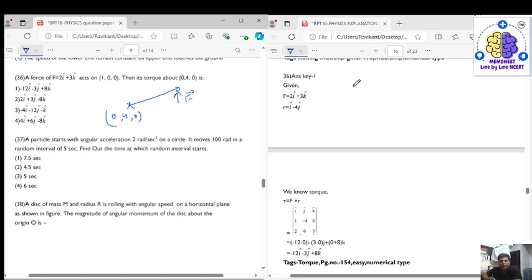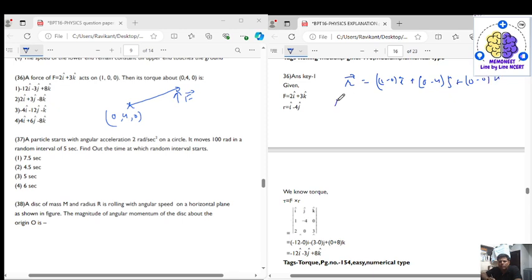So R vector is equal to final position minus initial position. So your R vector will be equal to final minus initial, that is 1 minus 0 i cap plus, for j it is 0 minus 4 j cap plus 0 minus 0 k cap.